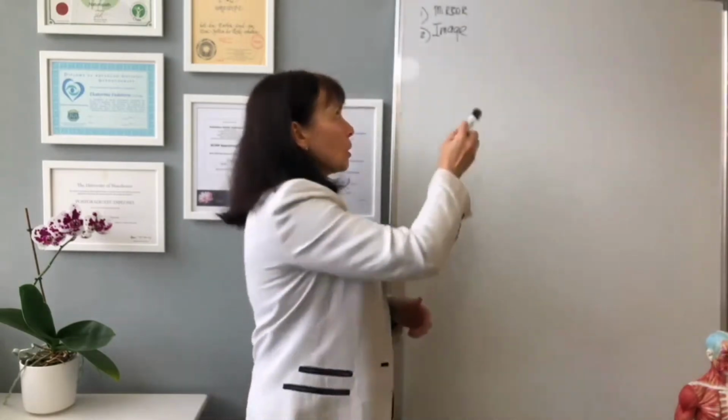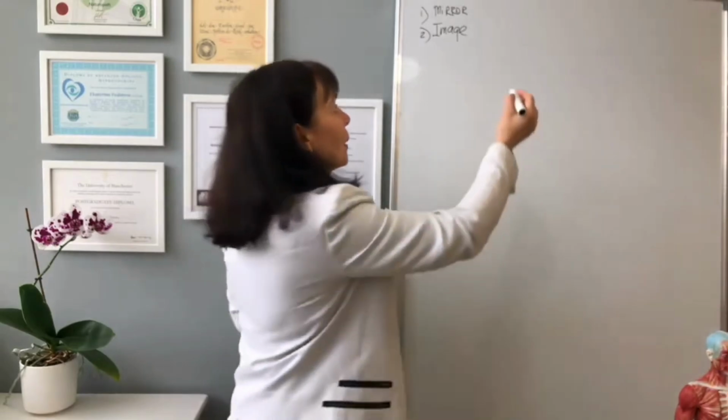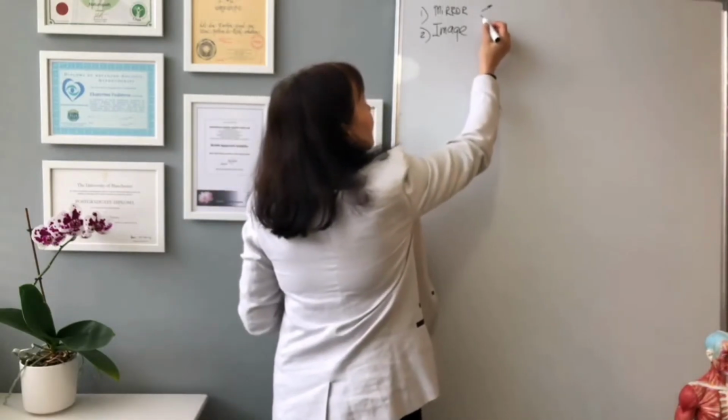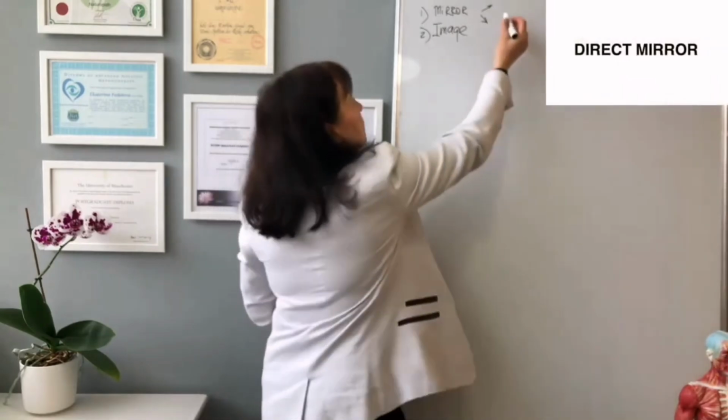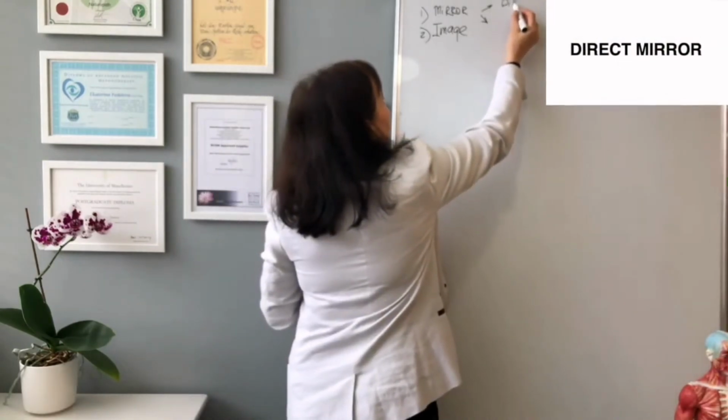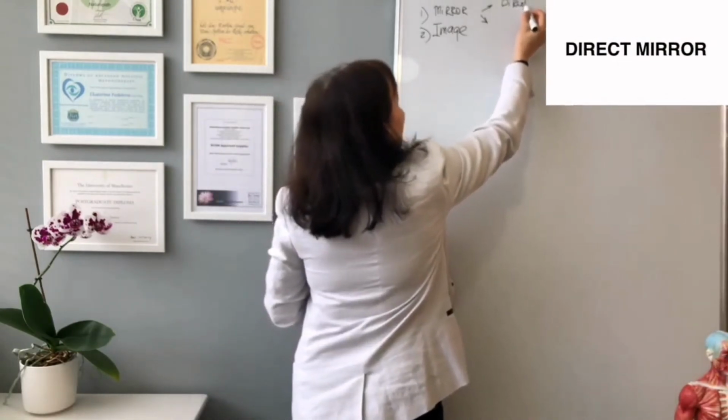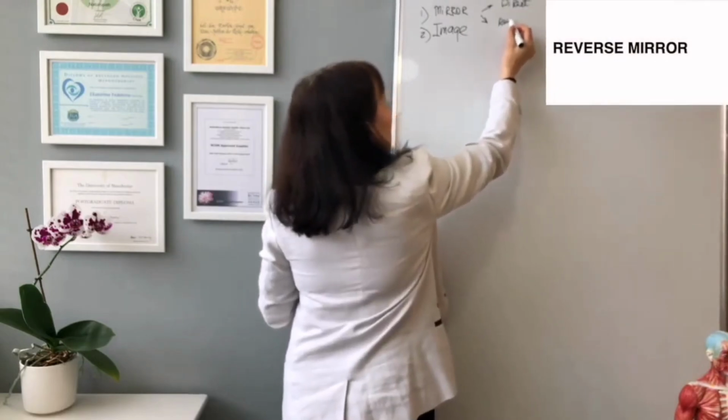So the mirror is the system of correspondence between limbs. We define two possible solutions: the direct mirror and reverse.